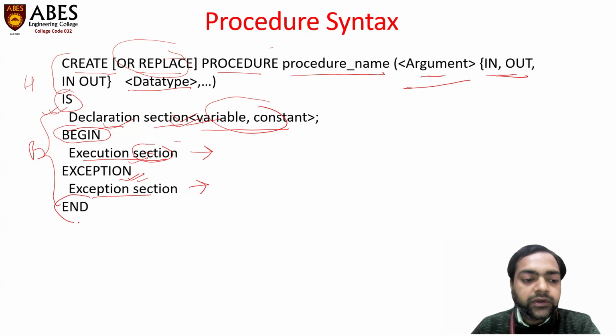And after that, we'll provide the END operator. It means that the procedure ends here. So before starting our procedure execution section, we start with the BEGIN keyword, and after all the functions of this particular procedure are completed, we end with the END operator.